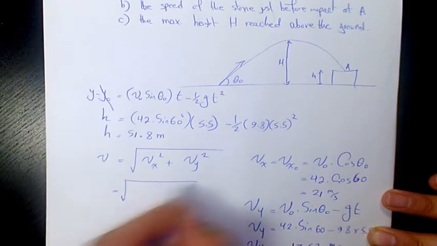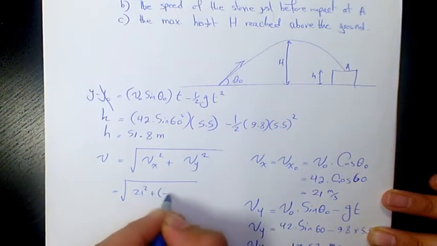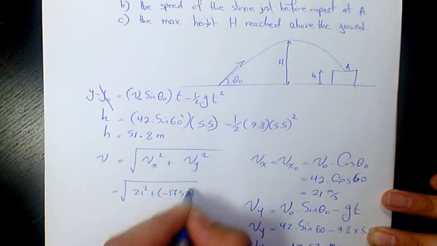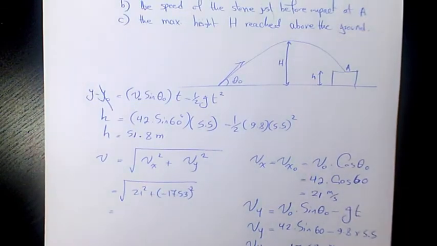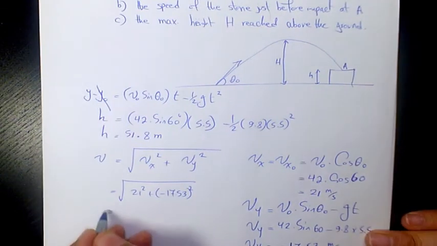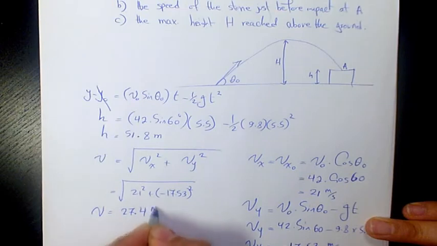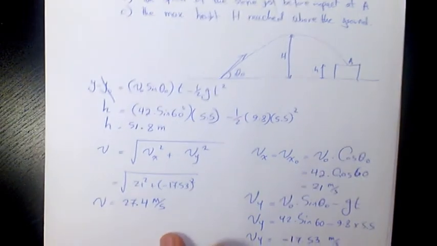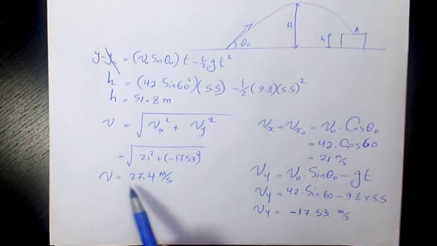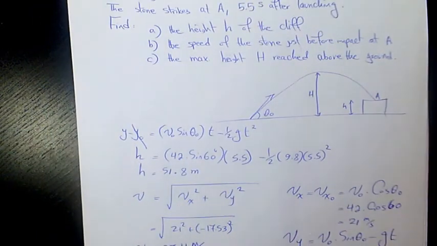So when you substitute, 21 squared plus negative 17.53 squared gives approximately 27.4 meters per second. This is the answer to part B.